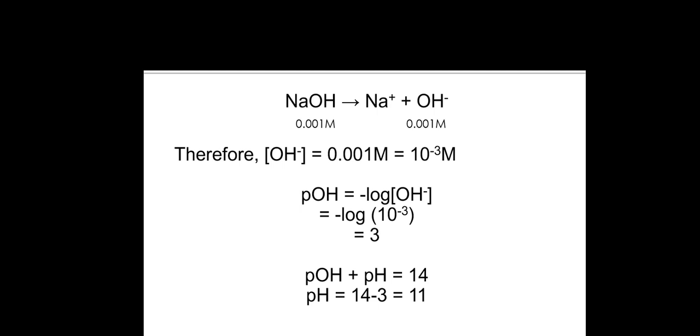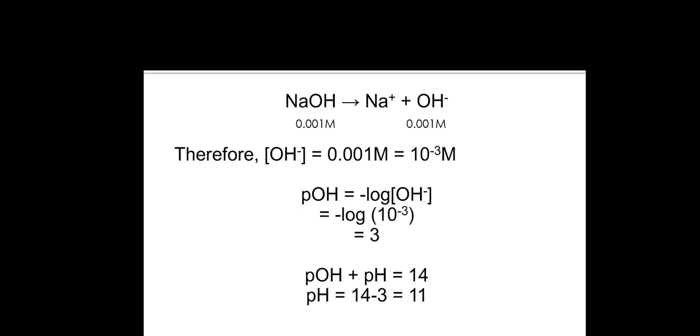Now if 0.001 molar of NaOH is taken, how many molar of OH minus will I get? 0.001, because according to the dissociation equation, 1 mole of NaOH gives 1 mole of hydroxyl ion. So 0.001 molar will give me 0.001 molar of hydroxyl ion. So the concentration of hydroxyl ion is 0.001 molar, which is equal to 10 to the power minus 3 molar.